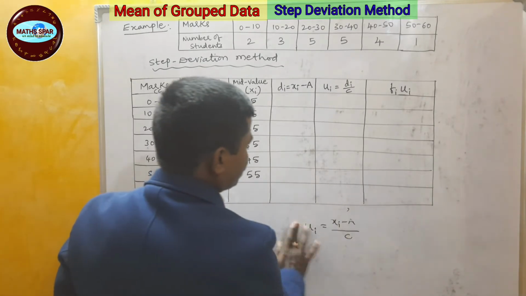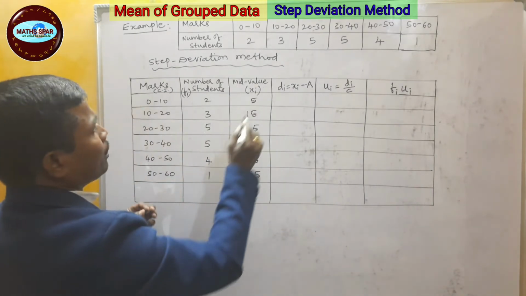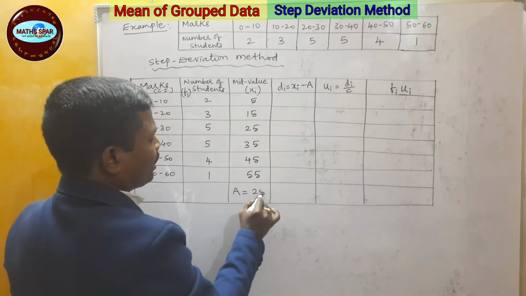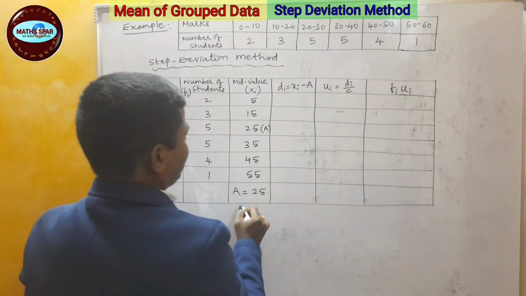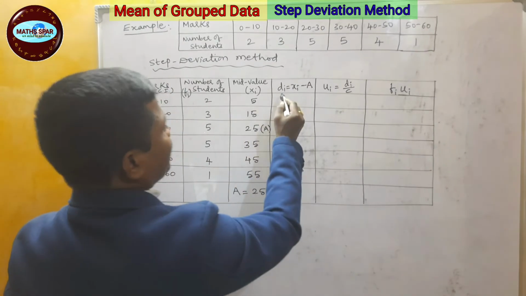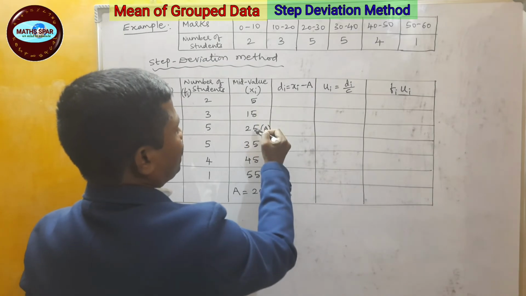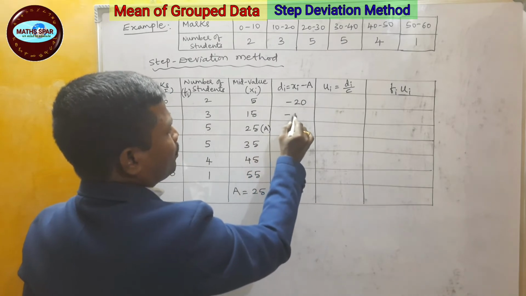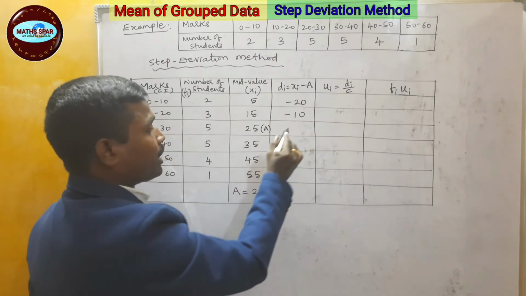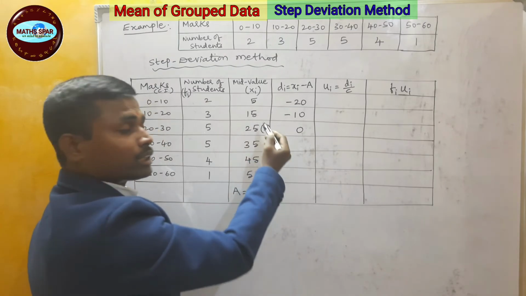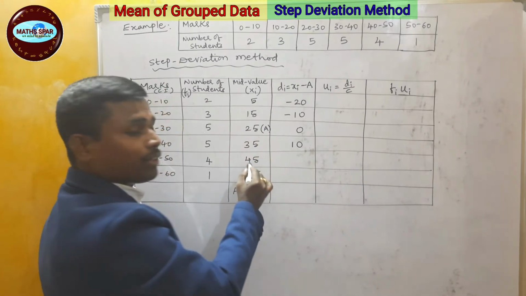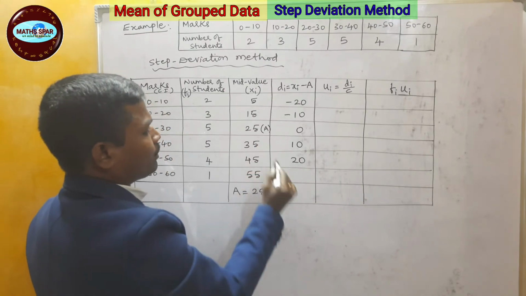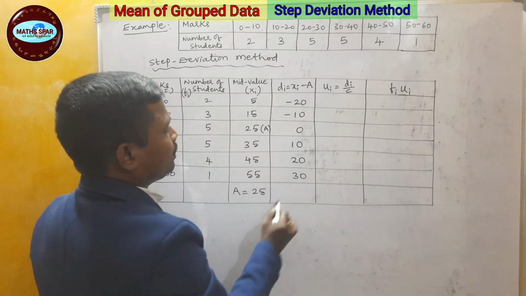So now if I consider my assumed mean as 25, then di equals xi minus a: 5 minus 25 is minus 20, 15 minus 25 is minus 10, 25 minus 25 is 0, 35 minus 25 is 10, 45 minus 25 is 20, 55 minus 25 is 30.